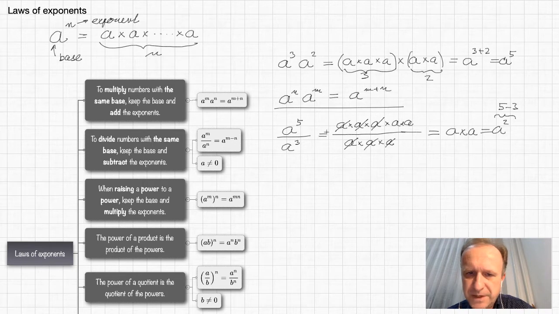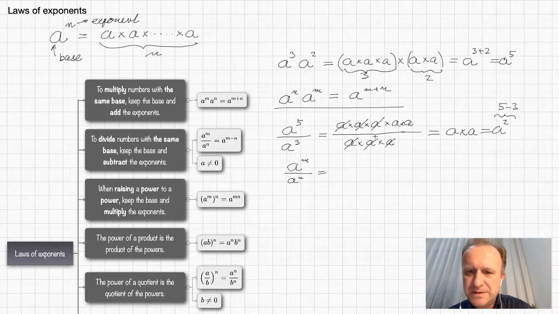So in general, if you had a to the power of m divided by a to the power of n, there would be m factors of a in the numerator and n factors of a in the denominator of the fraction.